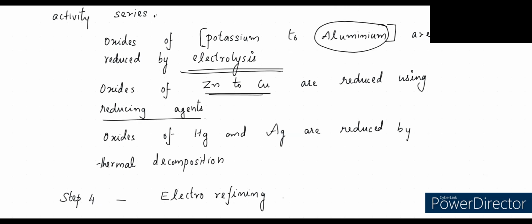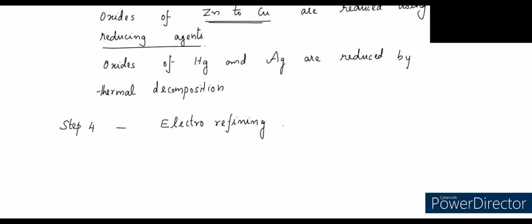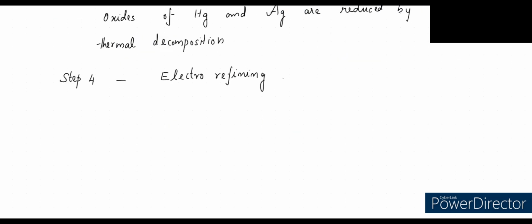The last step, electrorefining, is out of syllabus in metallurgy. Electrorefining of aluminum is out of syllabus, is what I meant. But for electrorefining, we have studied the basic information in the electrolysis chapter.